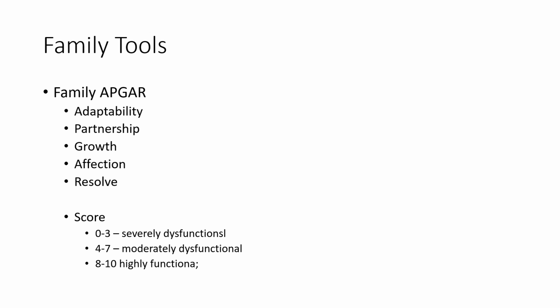So we already studied family tools, the APGAR, wherein we study questions that would see the family's adaptability and partnership, growth, affection, and resolve. How it is scored, it would depend on it being severely, moderately dysfunctional, or highly functional.